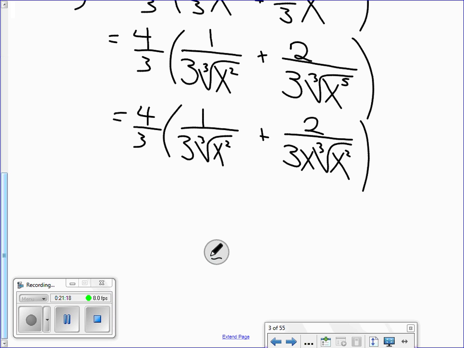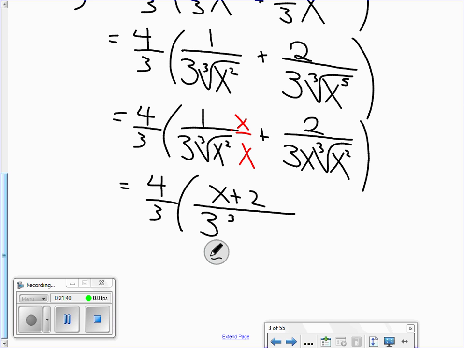You see that? So for this first fraction, what are we going to multiply top and bottom by? x, right? We'll just multiply this one by x over x, and now we'll have the same denominator and combine them. So we have 4/3, and we're going to have x plus 2 in the numerator, and then 3x times the cube root of x squared in the denominator.